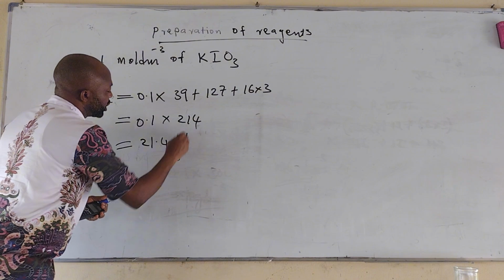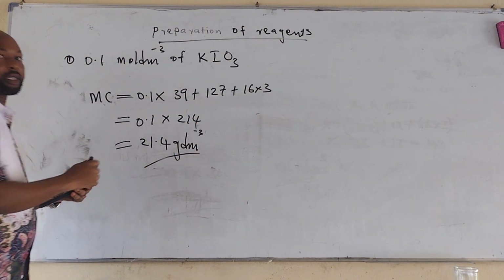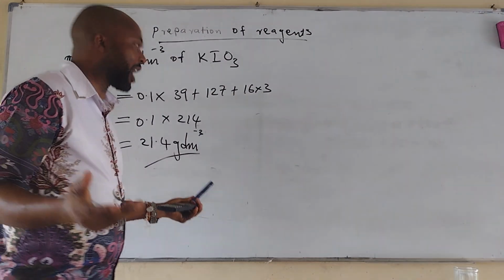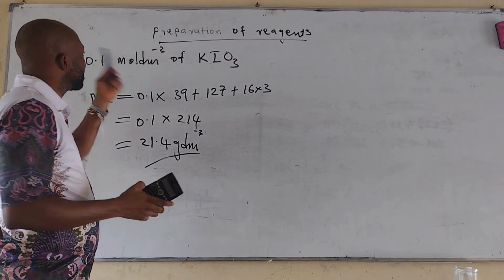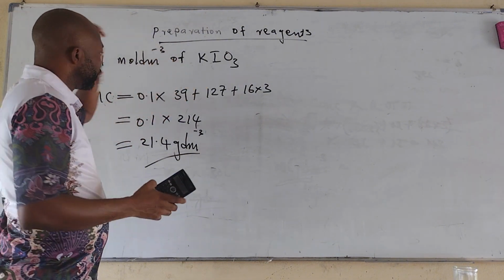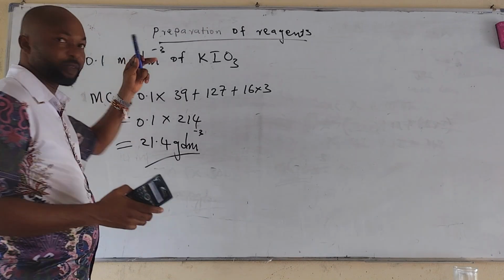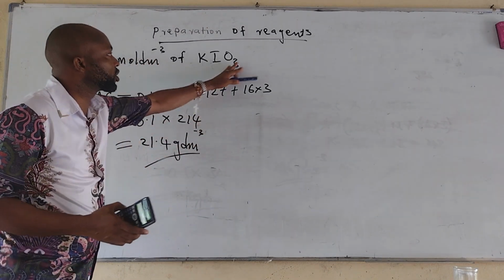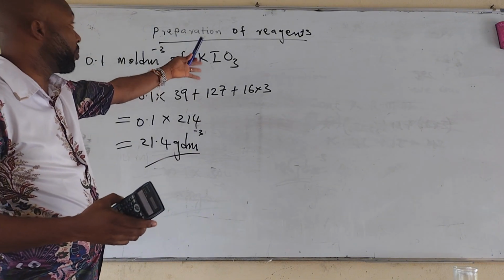21.4 g/dm³. So, in case you've been asked to prepare 0.1 mole per dm³ of potassium trioxoiodate(V), you know exactly that this is what you're going to do. You know the molar concentration which has been given to you, and the relative molecular mass which is gotten from the compound directly.